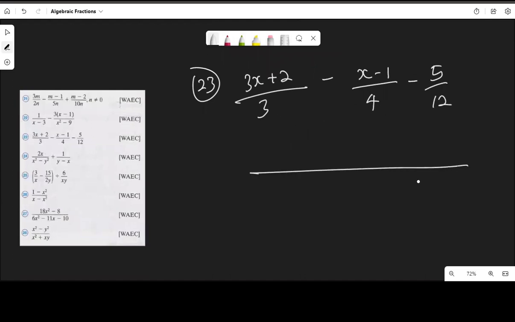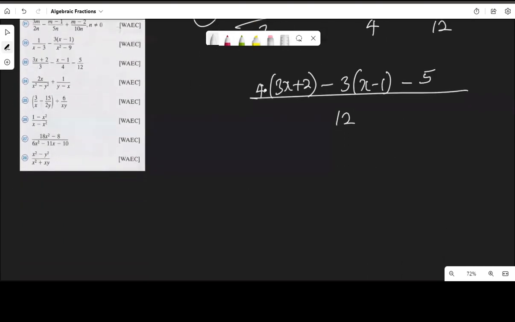The LCM is 12 itself. 12 divided by 3 is 4. Multiply the 4 by the numerator. So I have 4 times 3x plus 2, minus, 12 divided by 4 is 3. Multiply the 3 by the numerator, 3 times x minus 1. Then 12 divided by 12 is 1. Multiplying 1 by 5 is 5.